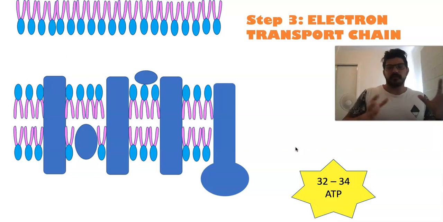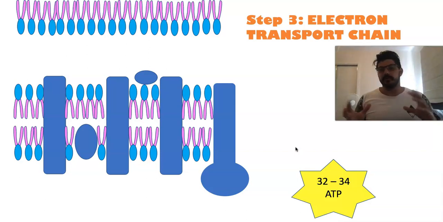So it's somewhere in the realm of 32 to 34 being made in this process, but ultimately it doesn't matter. You can say 36 as the total number in yours, and it'll be correct. But just in case you needed to know why there is that discrepancy, that's why.